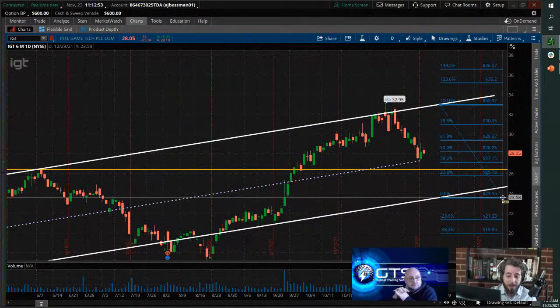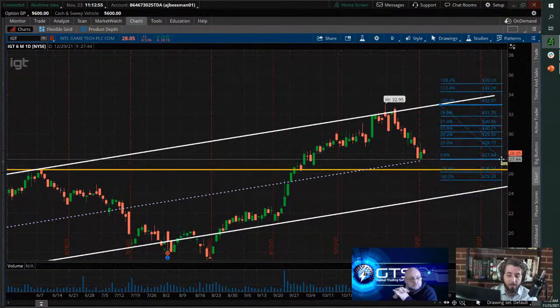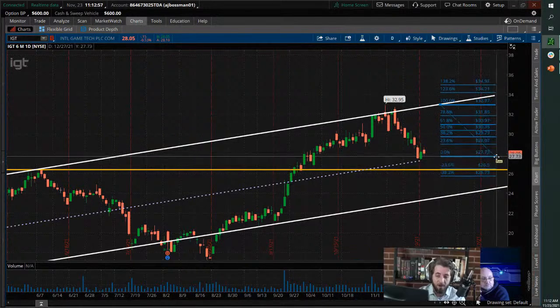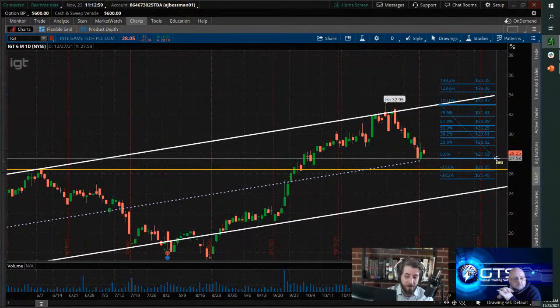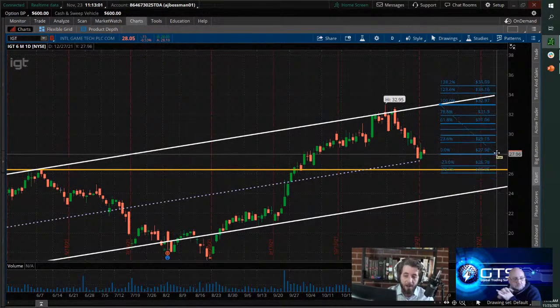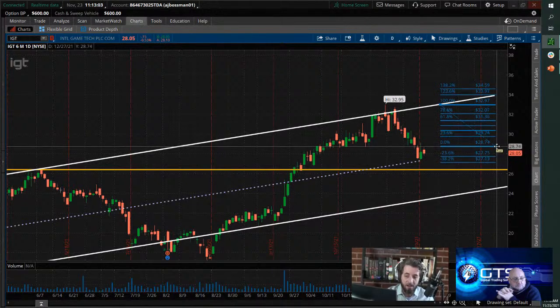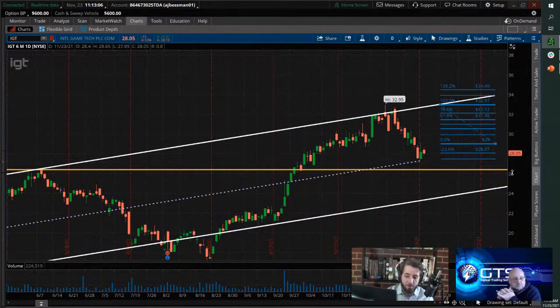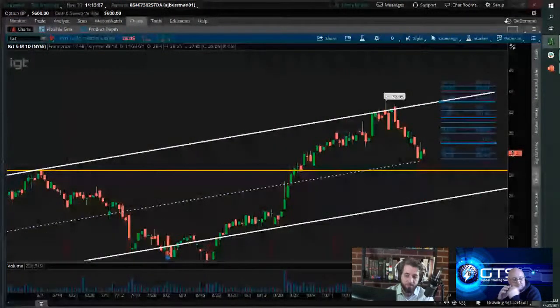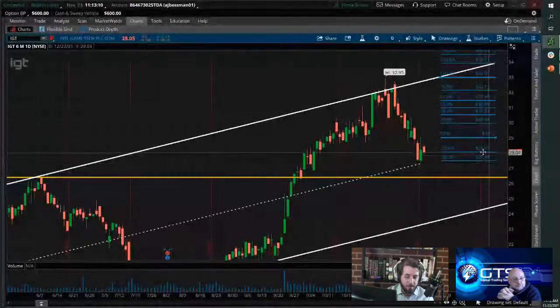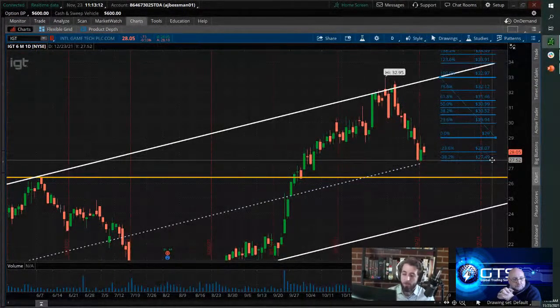I'm going to use a little bit of the fibs here to help me pick some strike prices. If I line myself up with that $29 price roughly, and come on down here, spread this out a little bit, maybe I'm looking for a strike price around $27.50.